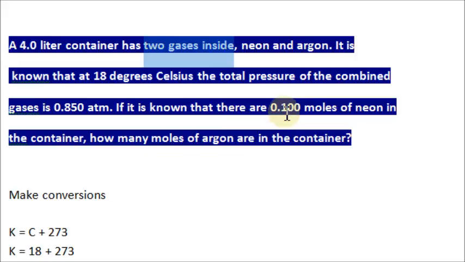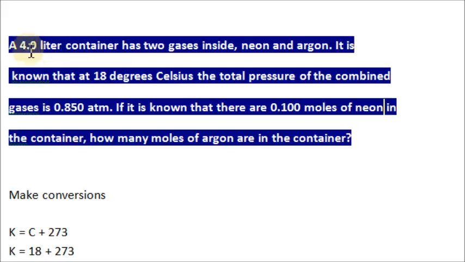Is this n? This is 0.10 moles of neon, but what about argon? n equals total moles of gas, not moles of neon gas. So no, we aren't given n. That is what we're trying to find.